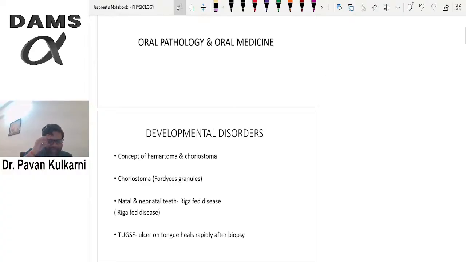For example, in scleroderma you have a typical radiographic feature. What is that? Tail of a whale appearance of the mandible. The ramus will have a tail of a whale-like appearance. That is again a very characteristic radiographic image. So they'll ask you that kind of specific radiological images.